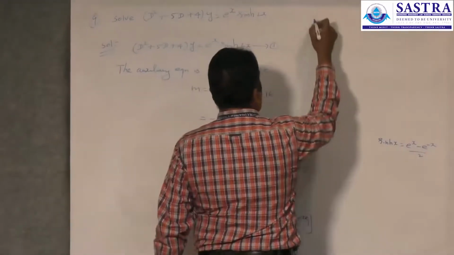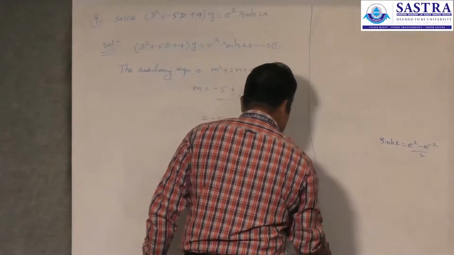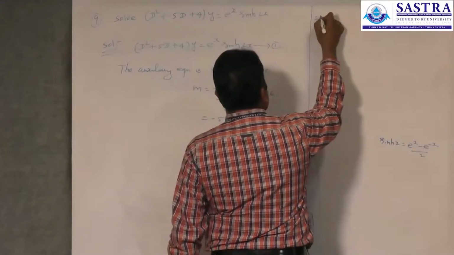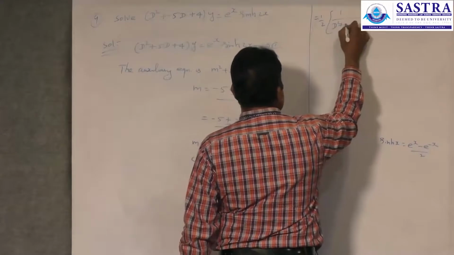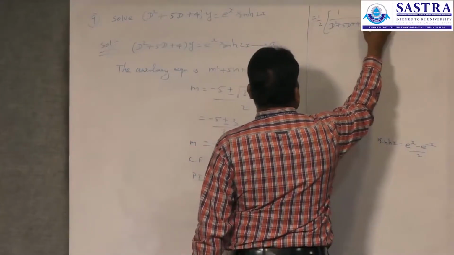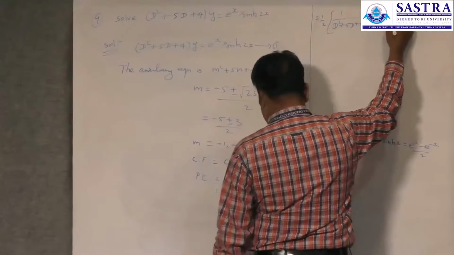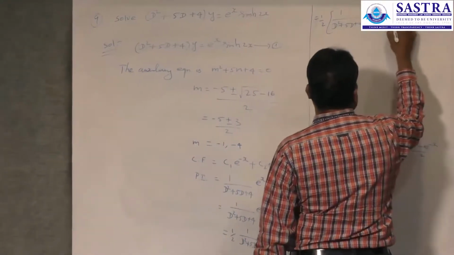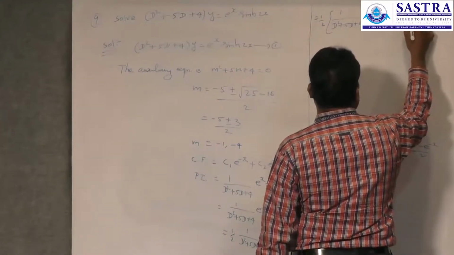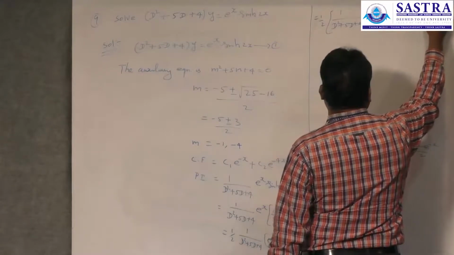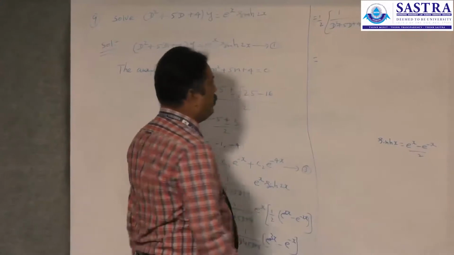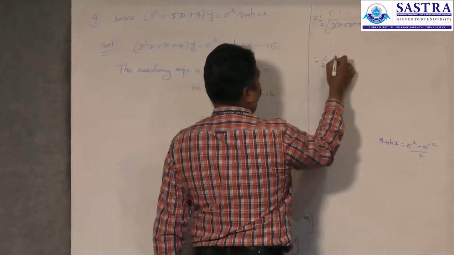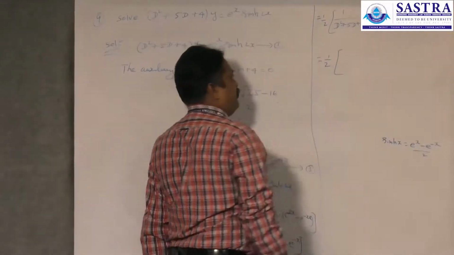This is equal to 1 by 2 times of 1 by D square plus 5D plus 4 e power 3x minus 1 by D square plus 5D plus 4 e power minus x, which is equal to 1 by 2 times, replace D by 3.